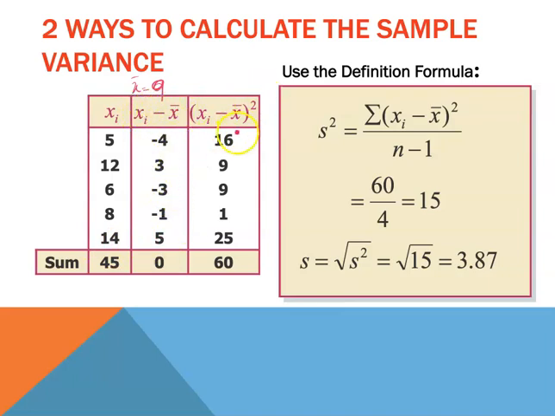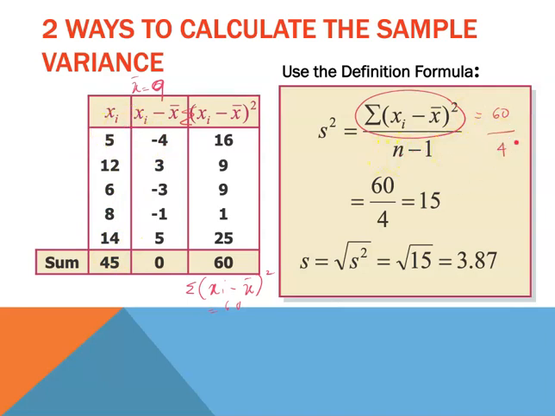Then you have to square it. So these are the squared values, and then you have to sum them. This is what you're trying to find out here: xi minus the mean of your sample, squared. The total is equal to 60. So 60 is over here. And your data has 5 values, which means that n-1 will be 4.